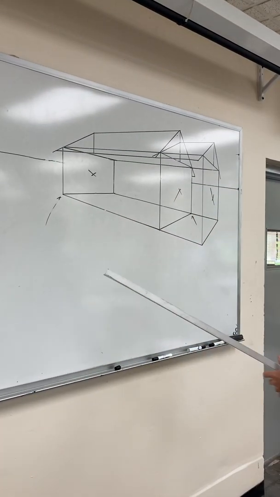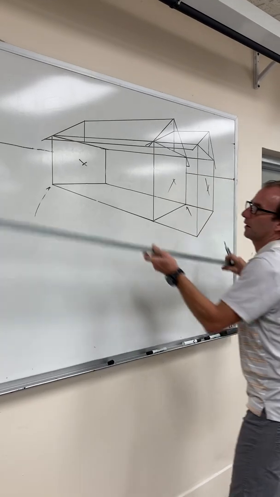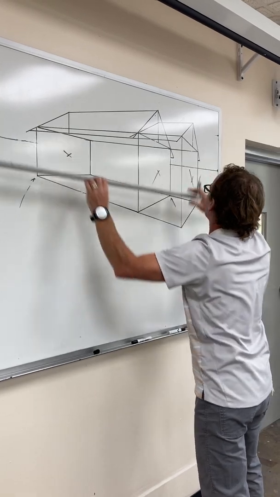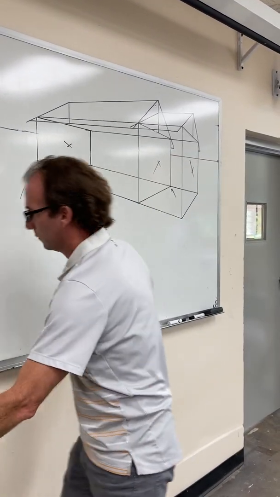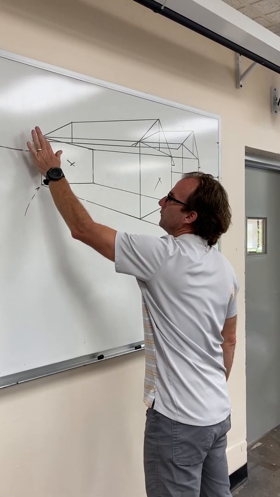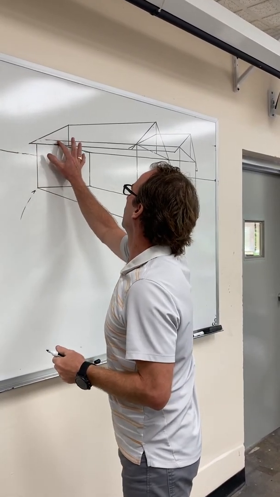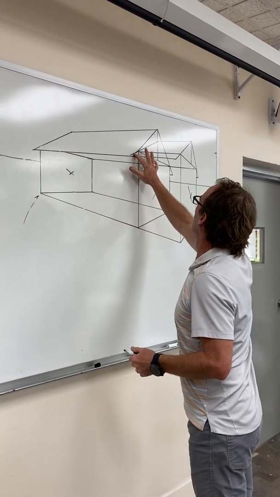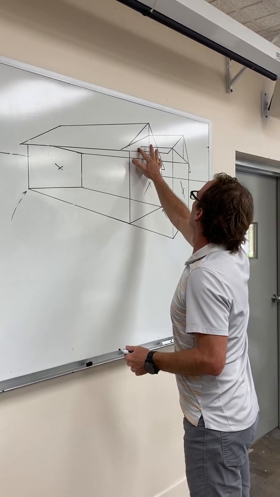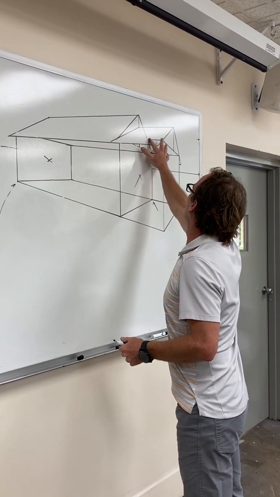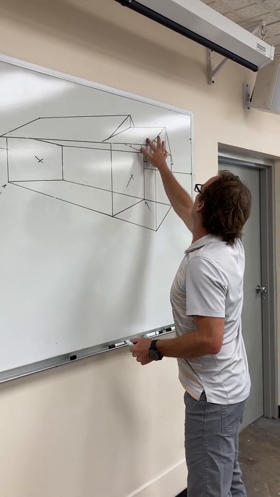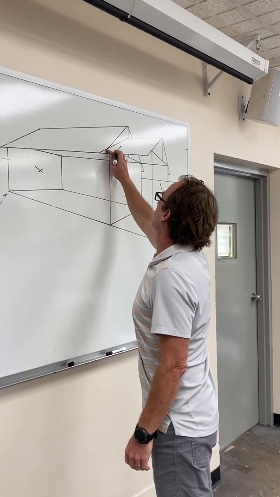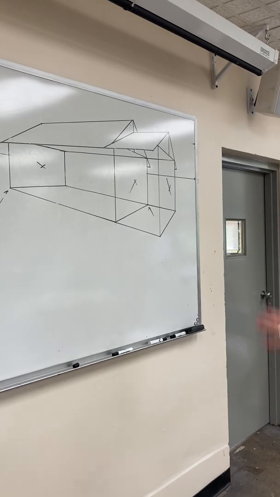Like that, okay? And then I have a new one right here too, so I'm going to draw that in. Like so. Now, I can start to erase some of these lines so it's not so confusing. So now my roof starts to look more opaque, and you can start to make sense of what I'm doing here, okay? So that's a start right there.